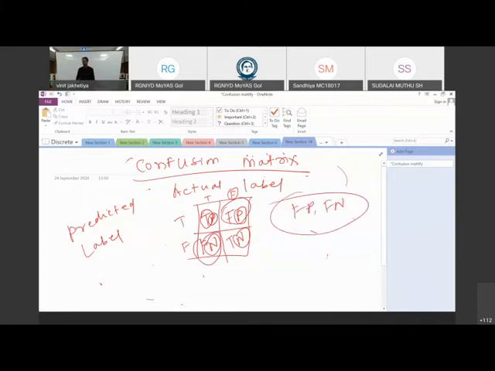You always need to have these false positive and false negative values pretty small, as small as possible. Your true positive and true negative, that means you are classifying them correctly, should be as high as possible. So this is all about the confusion matrix.